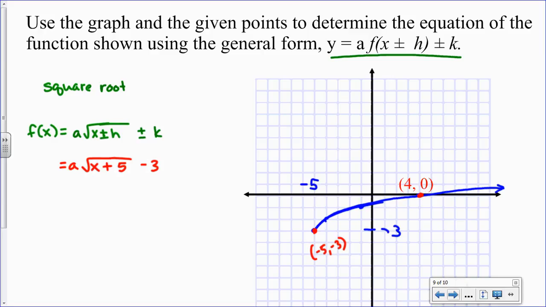Well, what you can do is just see if your points line up, because in this case they do. So if you have square root, you go over 1, square root is 1. You go over 4, square root is 2. You go over 9, square root is 3. So the A is just 1. I did not have a stretch or a shrink. So I can say that this is my equation.